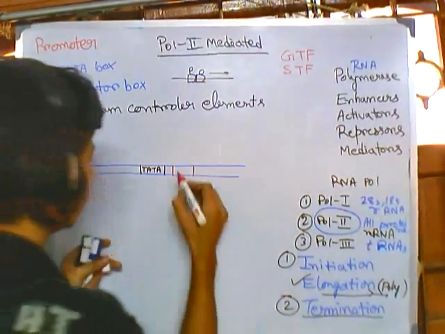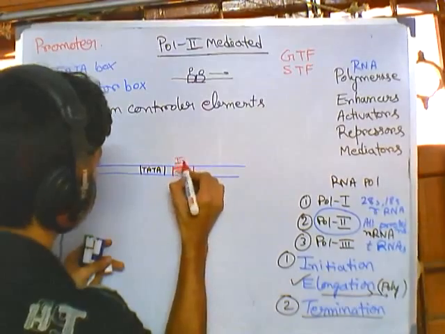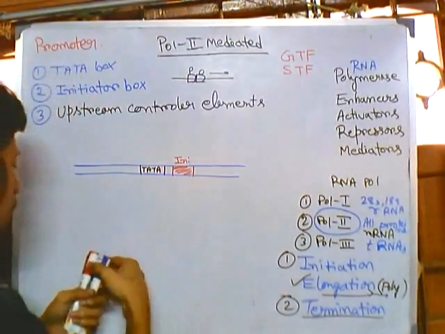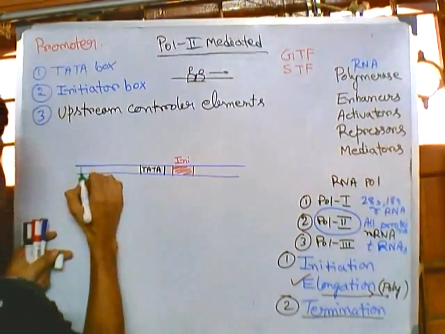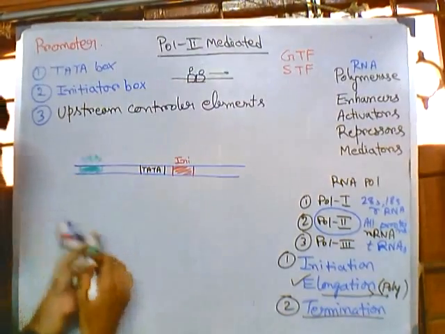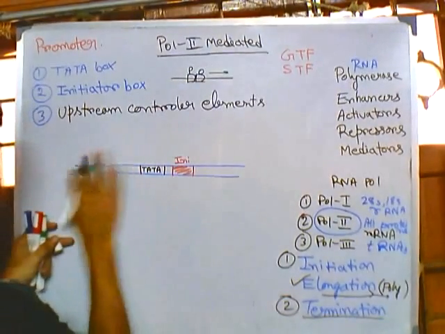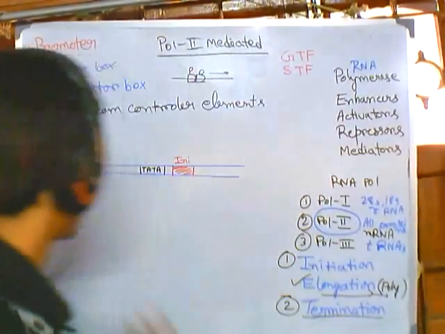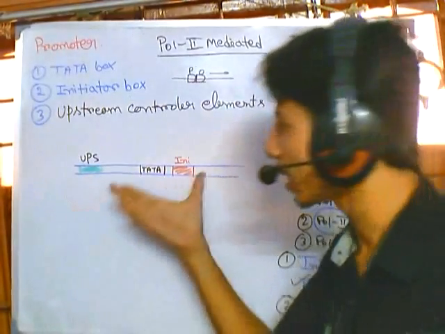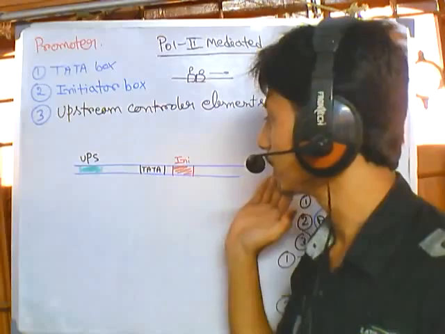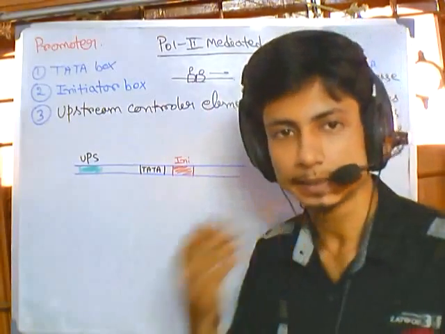Far upstream of the Tata box, we can have the upstream elements, UPS. These are the upstream elements. These three things combined together are called a promoter for this Pol 2 mediated RNA synthesis.